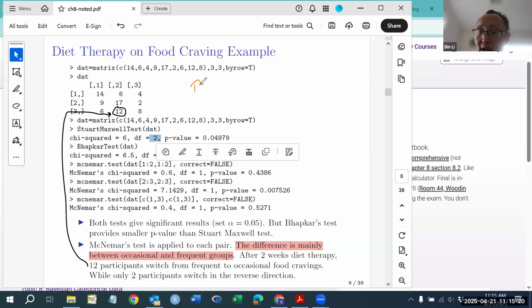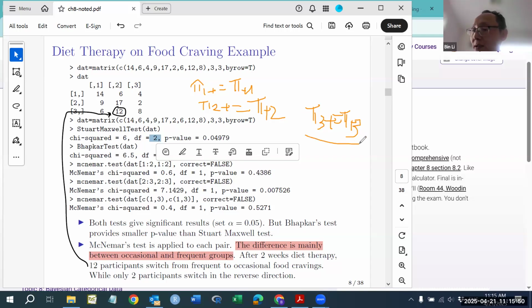Remember, pi 1+ equals pi +1, and pi 2+ equals pi +2, and pi 3+ equals pi +3. But we have these three equations, and only two of them are non-redundant.